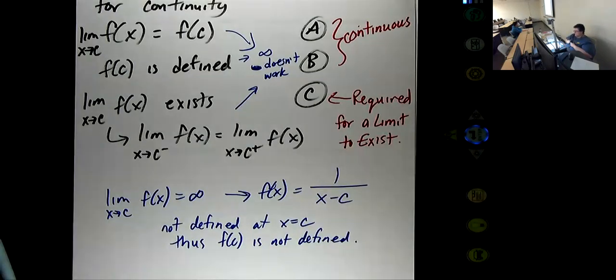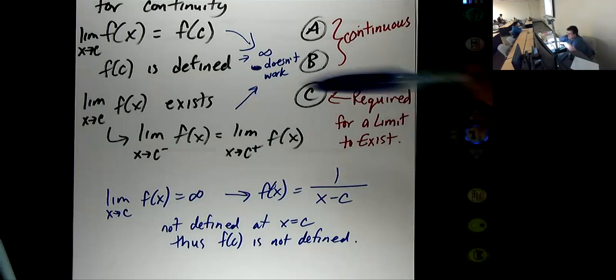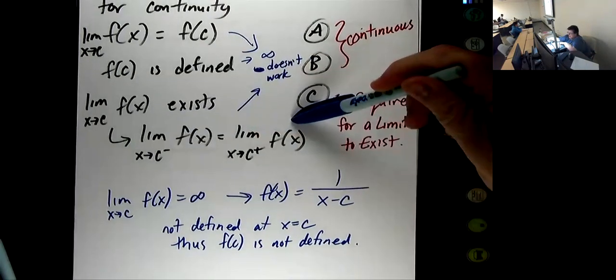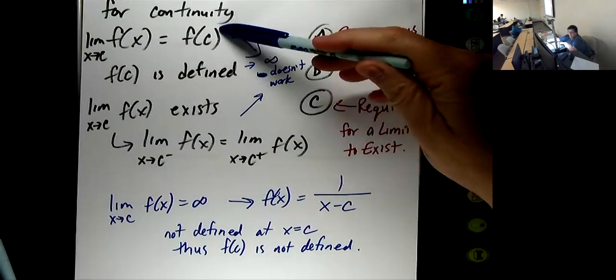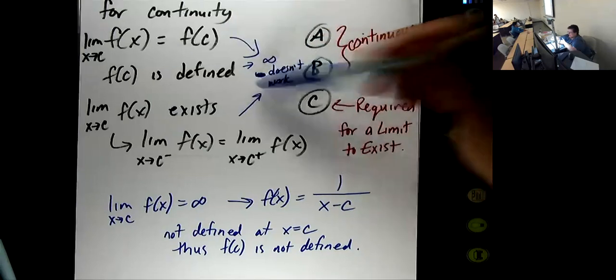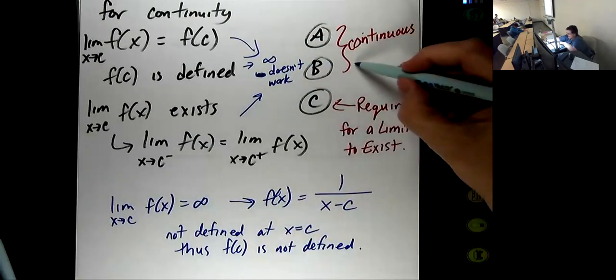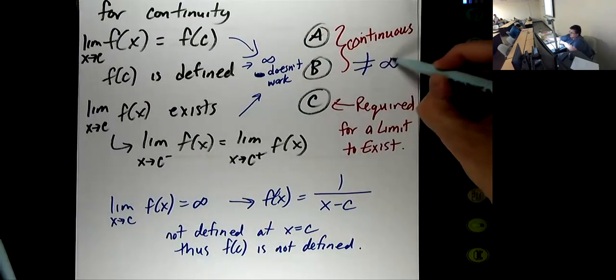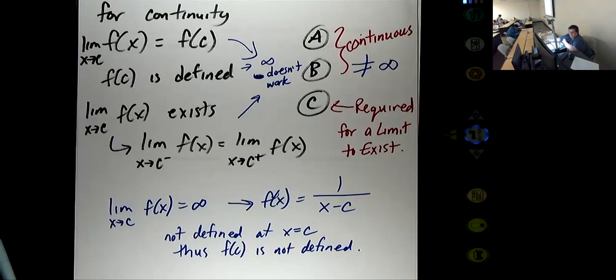So if the limit's going to infinity, it doesn't work. It needs to be going to a constant. The limits coming in from the sides have to equal the value if we plug it in, and that value cannot equal infinity. So B is kind of like saying not equal to infinity. That's really where f of x is undefined.